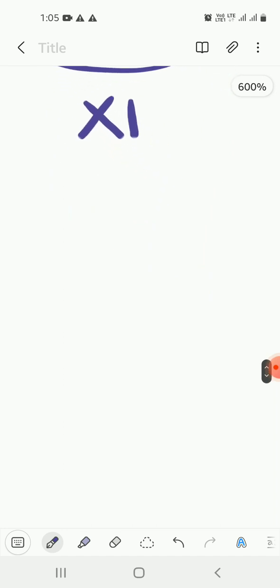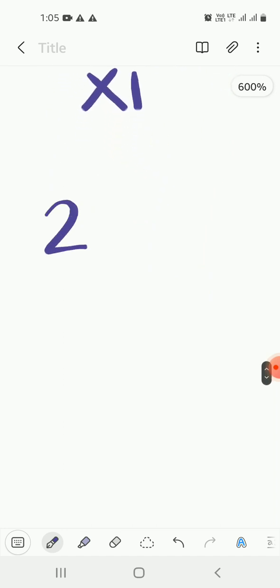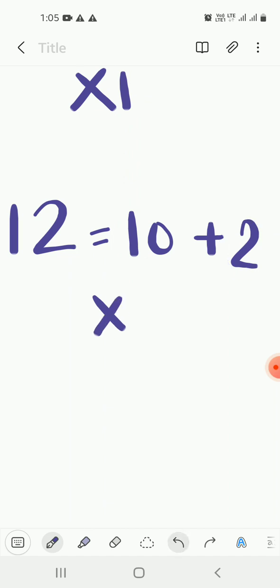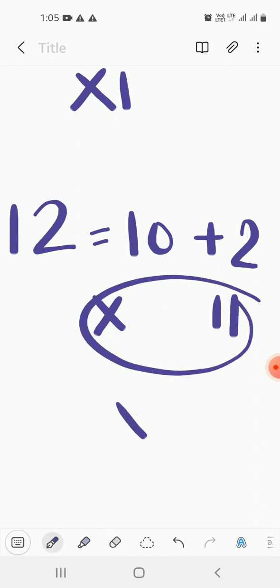Similarly, 12 means 10 plus 2. In Roman, 10 is X and 2 is written as I I. So X and I I together make 12.